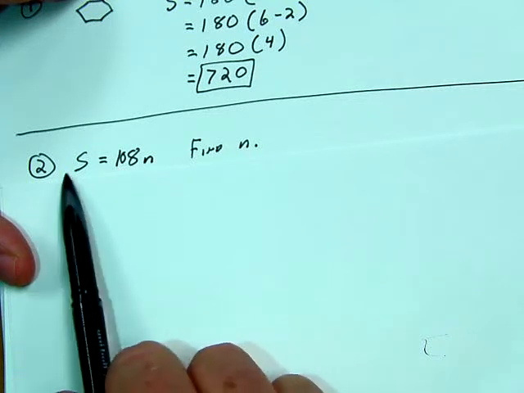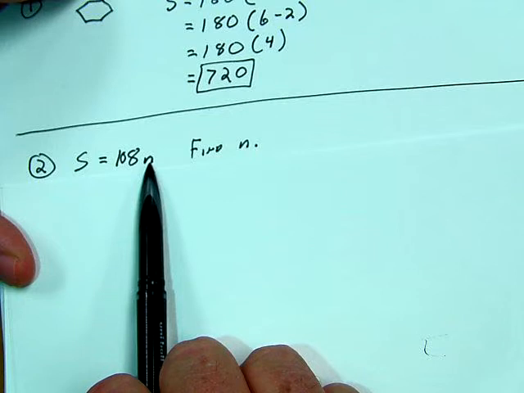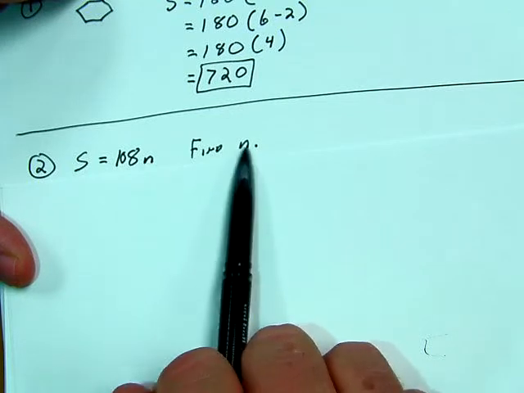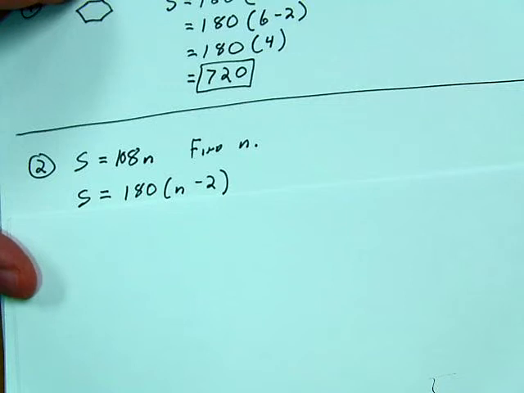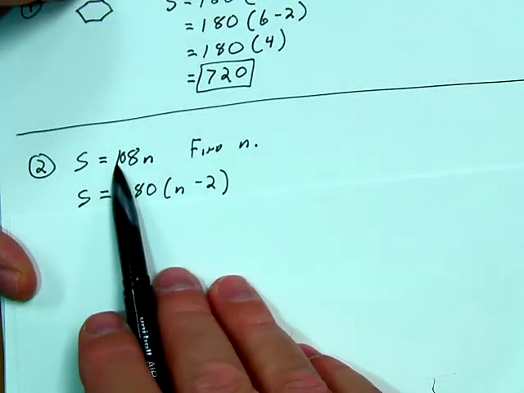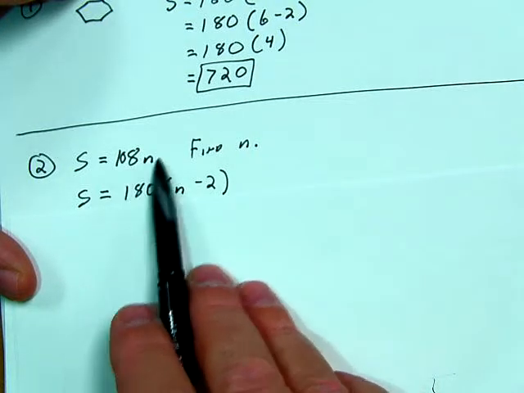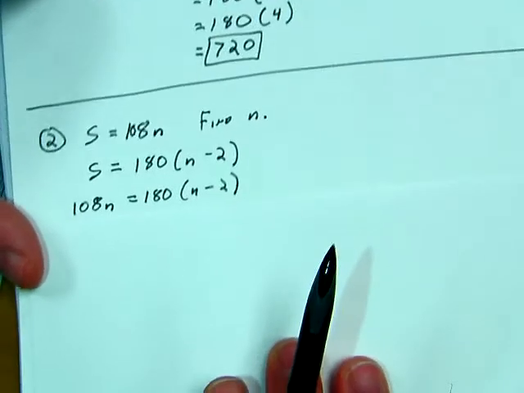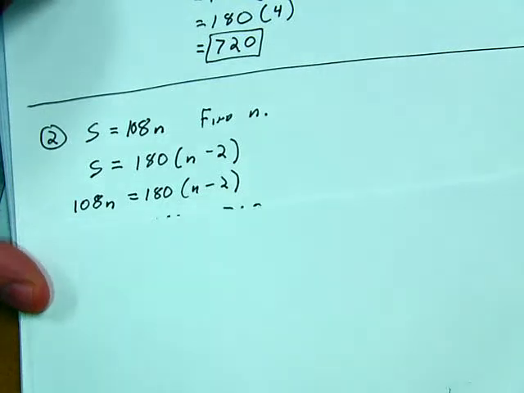So we know that the summation is 108 degrees times the number of sides. Okay, well, we're going to find n. Well, let's just substitute into our equation. We know that S, capital S, is equal to 180 times n minus 2. It's also equal to 108 times n, so I'm going to replace this S with this version of S and solve that equation. So 108n equals 180 times n minus 2.